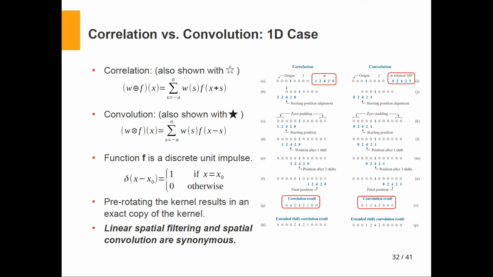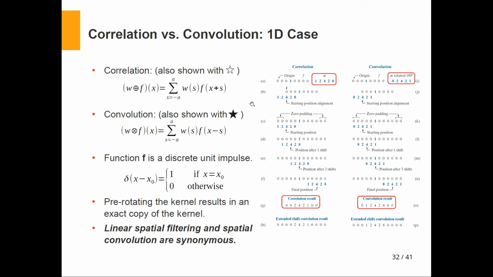I repeated that definition here, but only for a one-dimensional function. In the book, correlation is shown by an empty star, but there is another common symbol for it, which is a circle with a plus sign. So in the previous equation, if we assume we only have one variable, it simplifies to this equation.